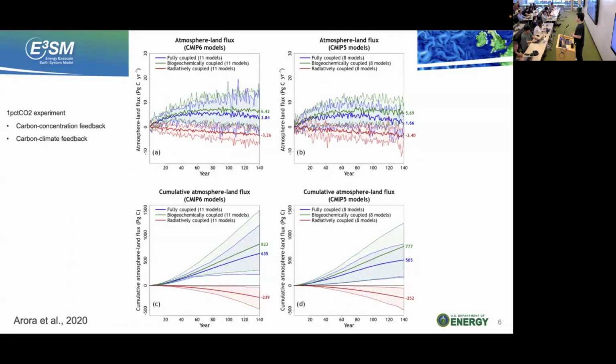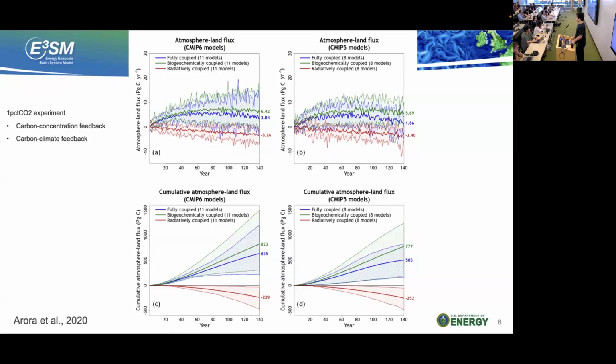And in terms of how to understand the BGC impacts, there is a very high volume of literature discussing it, and I think the most important metrics that we care about we call the carbon concentration feedback and the carbon climate feedback. This is from CMIP5 and CMIP6 experiments.